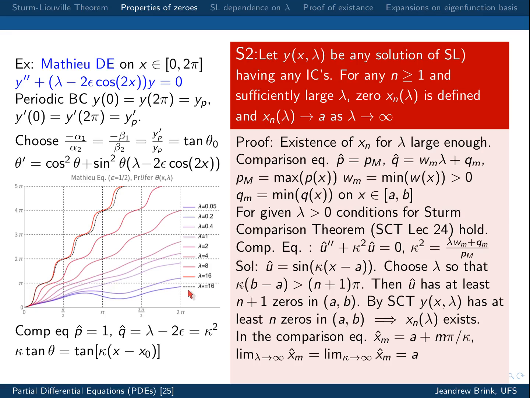Right, so the next thing we're going to show is the thing I mentioned earlier, that as lambda goes to minus infinity, this function theta of x lambda becomes identically 0, and theta of x lambda becomes infinite as lambda goes to infinity, for every x that's greater than a.